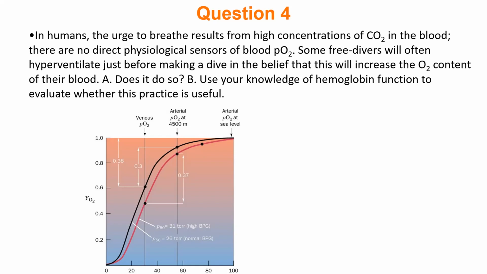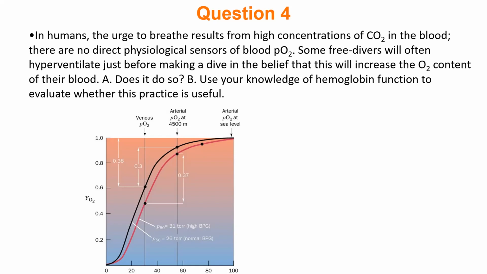And does this actually work based on hemoglobin? It doesn't. It actually lowers the oxygen concentration because when you breathe very heavily like that, you're increasing the amount of CO2 inside your body. And you don't get rid of CO2 easily when making shallow breaths. If you're breathing super fast like that, you don't give CO2 time to really get into your lungs.